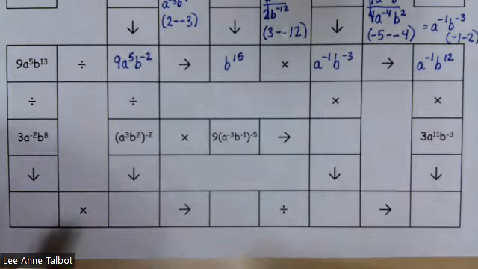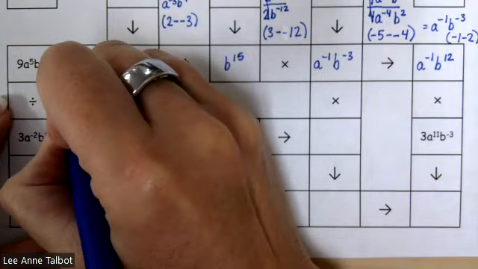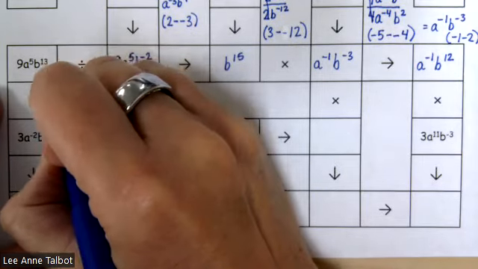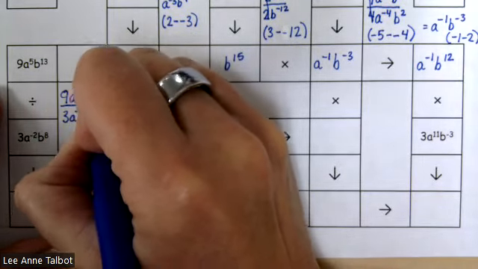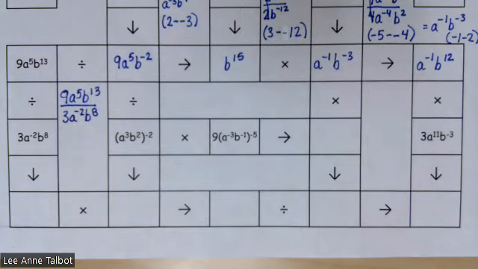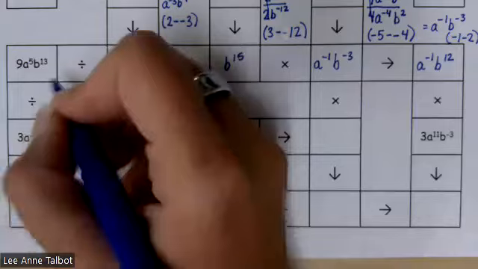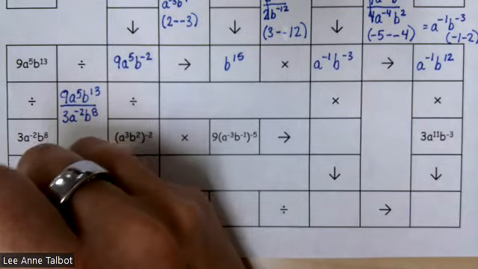9a to the 5th, b to the 13 over 3a to the negative 2, b to the 8. This one doesn't look so bad. Okay, 9 divided by 3 is 3.